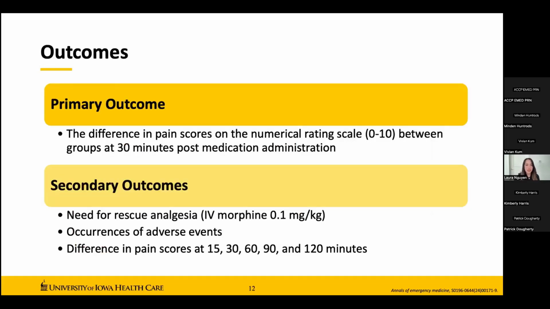The primary outcome of this study was a difference in pain scores on a numerical rating scale, so 0 to 10, between groups at 30 minutes post-medication administration. And secondary outcomes included the need for rescue analgesia or IV morphine at 0.1 mg per kg, the occurrence of adverse events, and the difference in pain scores at 15 minutes up to 120 minutes.